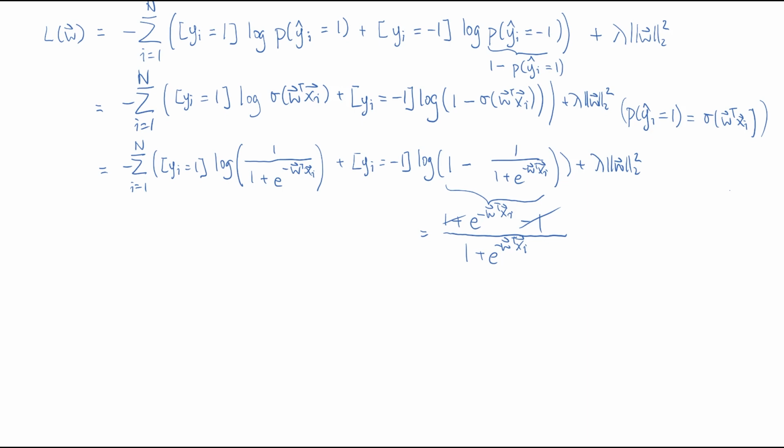Okay, so now, just so we have a bit of symmetry, because over here we have 1 over something, but here we have something that is not 1 over, we can actually multiply top and bottom by e to the power of w transpose xi.